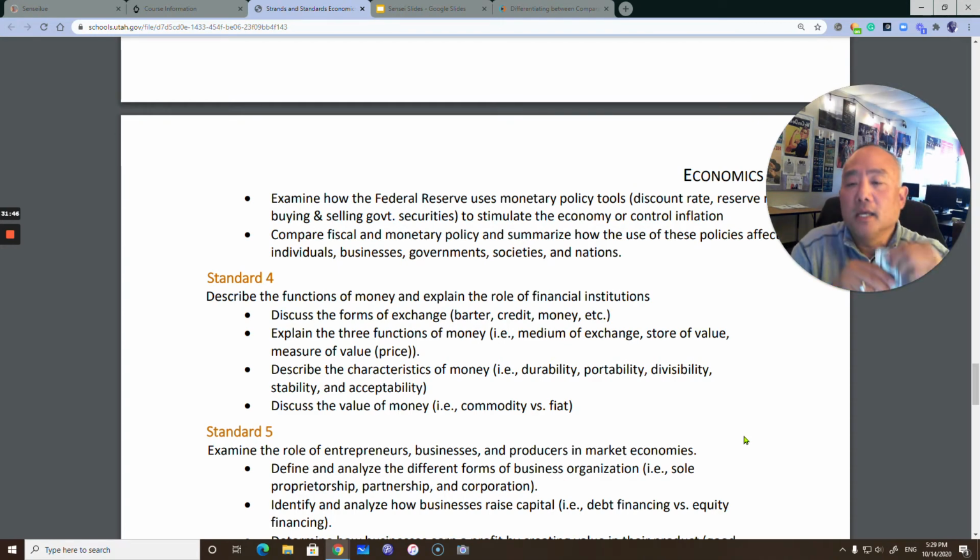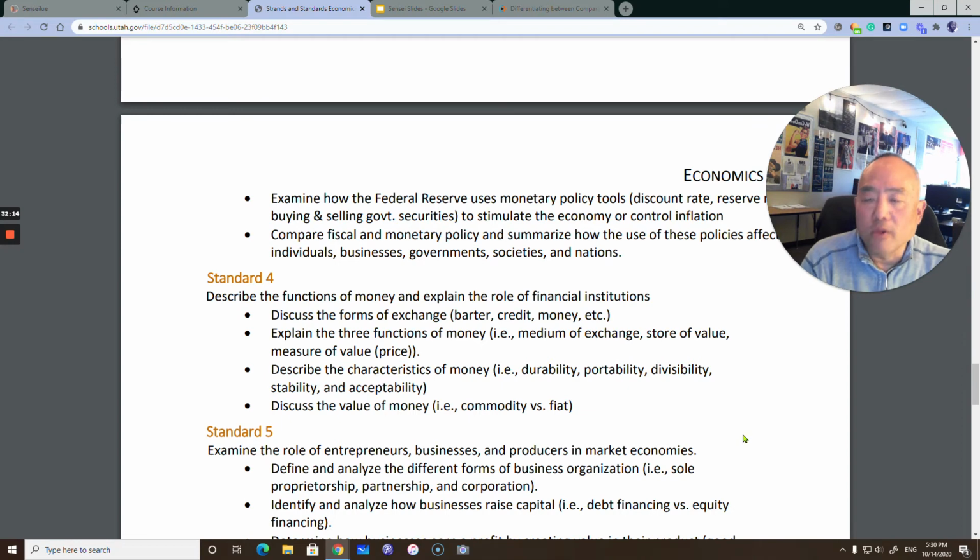This is fiat money, okay? And the reason why the U.S. dollar is fiat money is because the government stands behind it and says it has value. Whereas a commodity would be gold or silver. Those are commodities, and they have value too. But it's not like you go and buy your groceries with a bar of gold or anything like that, okay?